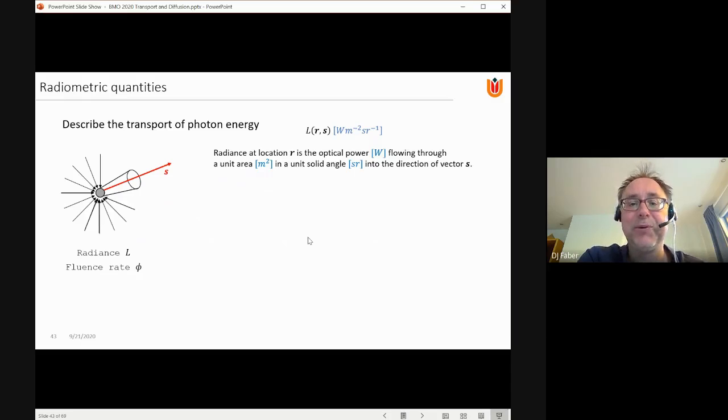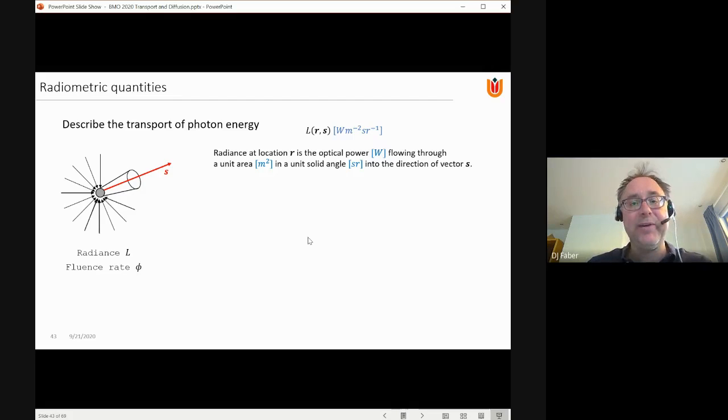The radiance is the optical power in watts flowing through a unit area located at R into a unit solid angle in steradians, centered around the direction vector S. So we have a location in the tissue given by a vector R, and an observation direction S where we evaluate how much power is flowing through an area over a small element of solid angle.